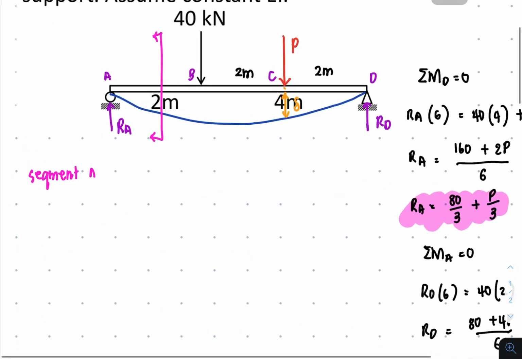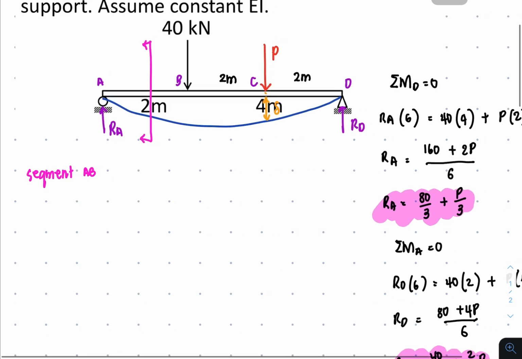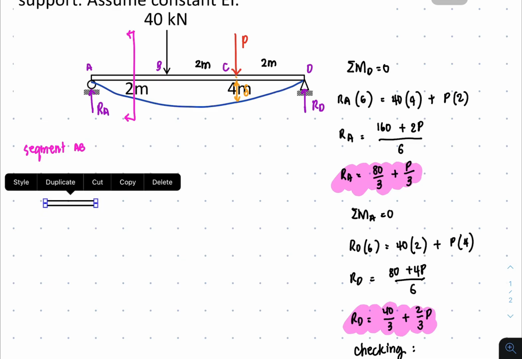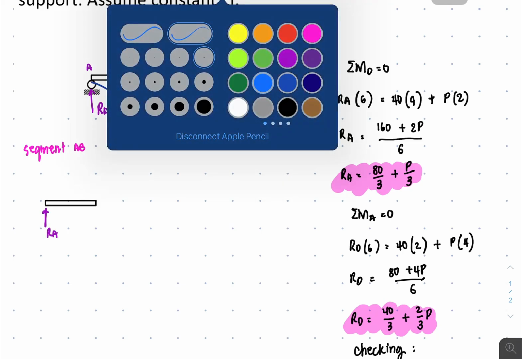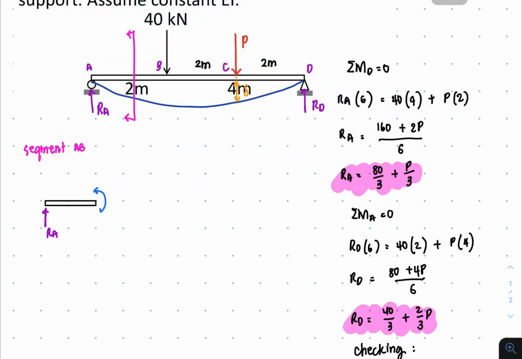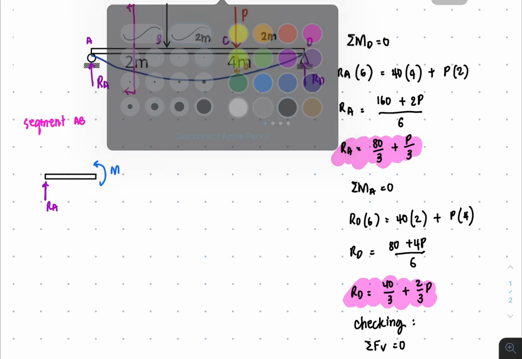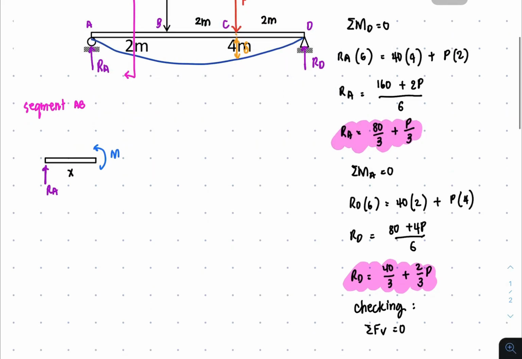So segment AB, and then what we're gonna do here is draw the beam or the section rather. So say this is the section, and then I'll place here the reaction RA, and at the point of cutting, of course, the same, we're gonna have M, and then this will be Rx.